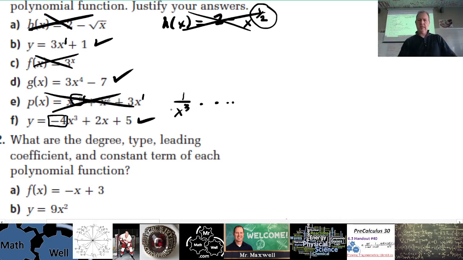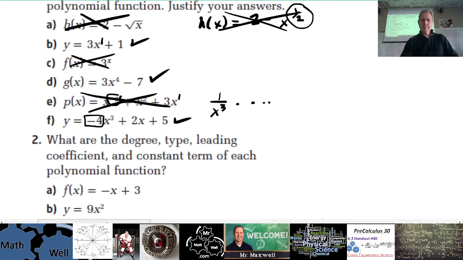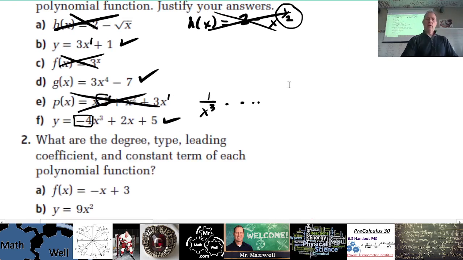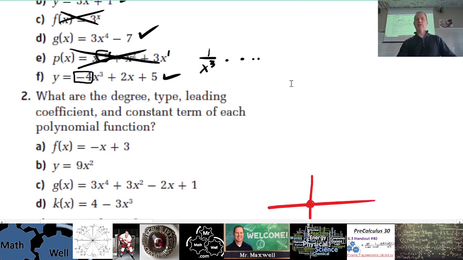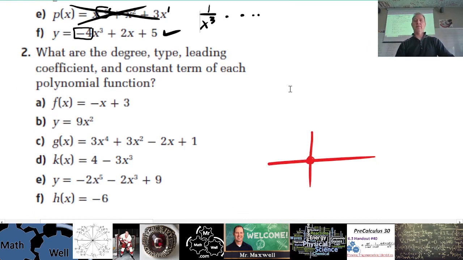Okay, you guys agree with that assessment there? Okay. All right, what's the degree, the type, and leading coefficient and constant term of these polynomial functions? So let's take a look at A first. All right, so I'm going to write up here degree and type, leading coefficient, and constant term.